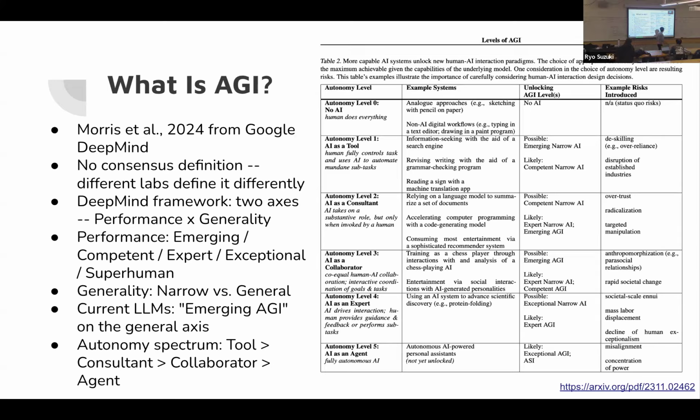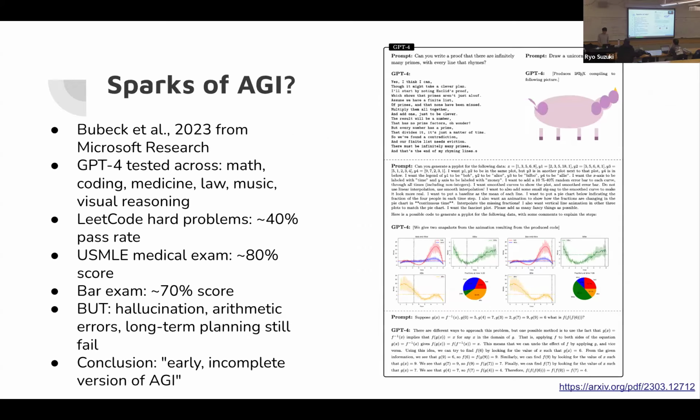She defines this as the level of AGI, where you use the AI system to advance scientific discovery or as an autonomous, AI-powered personal system. So in 2026, we are moving on to the AGI era.